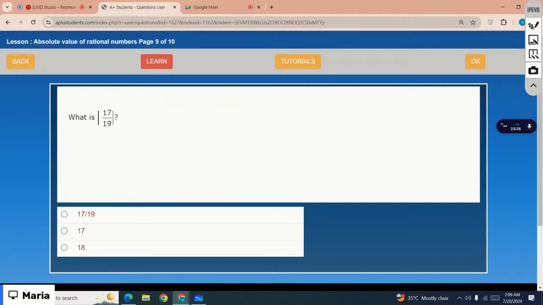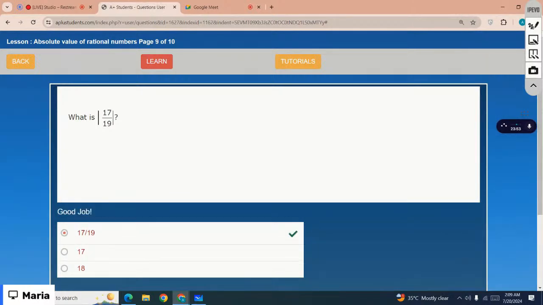What is the absolute value of 17 over 19? Which is the correct option? Yes, 17 by 19. Option number 1 is the correct option.